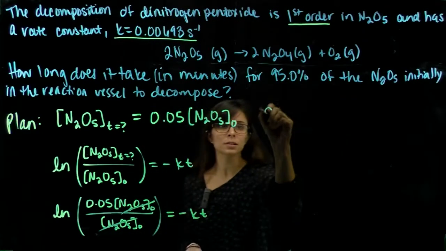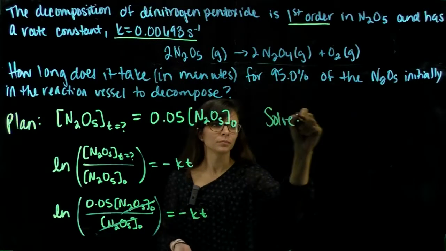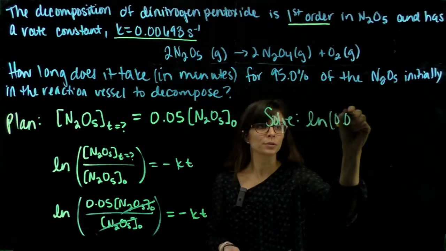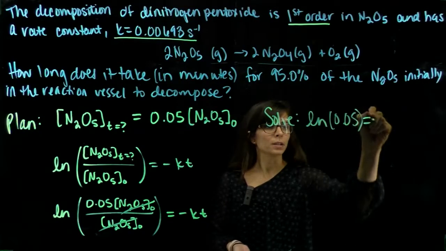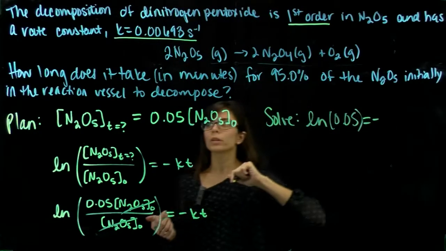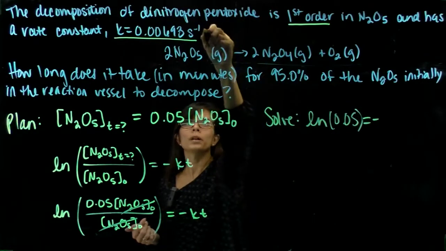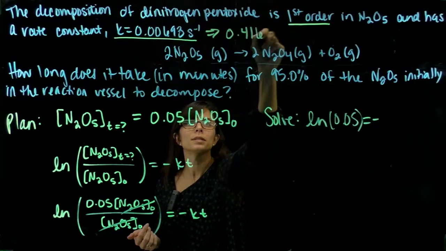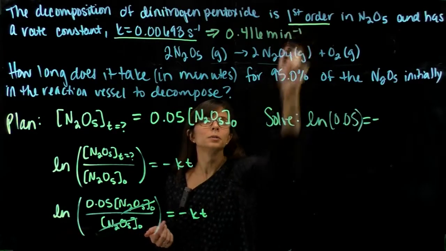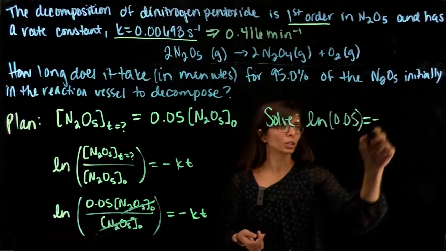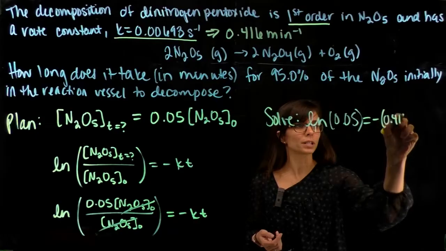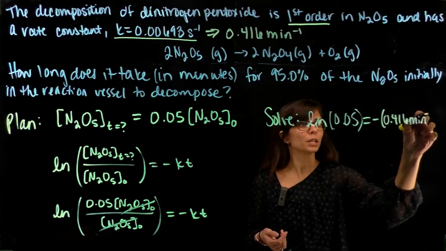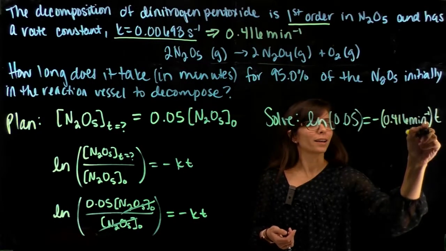Right, so if I solve this, the natural log of 0.05 is equal to negative, remember in the last video, I converted this into minutes, and it was 0.416 inverse minutes. All right, so we have 0.416 inverse minutes, and I'm solving for t.